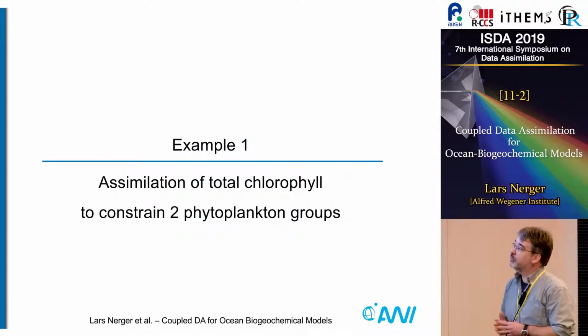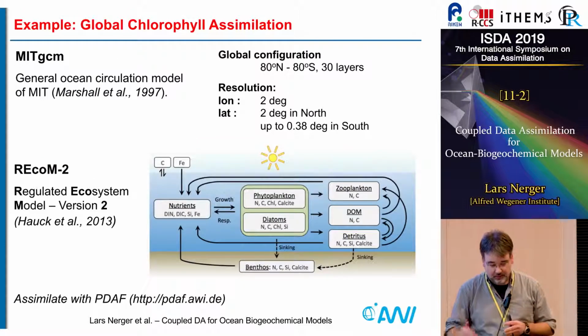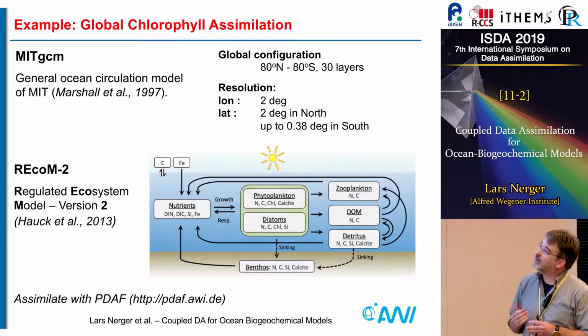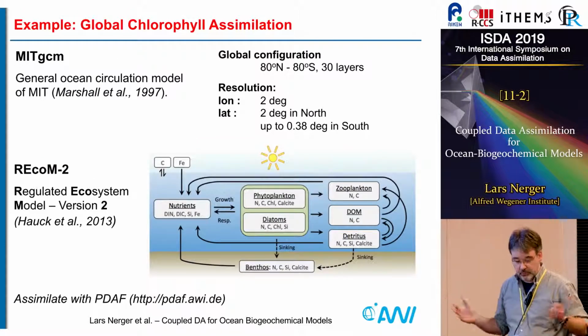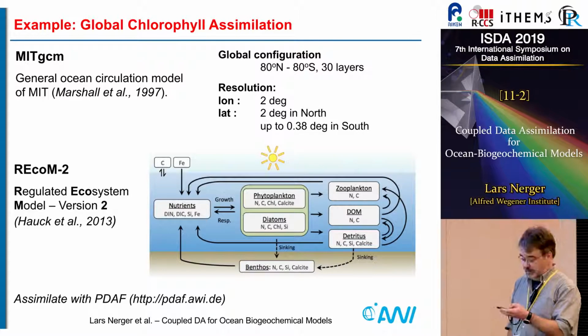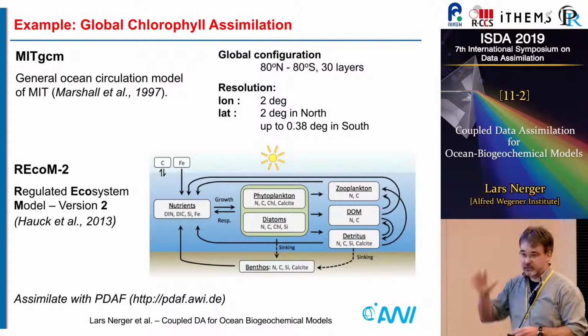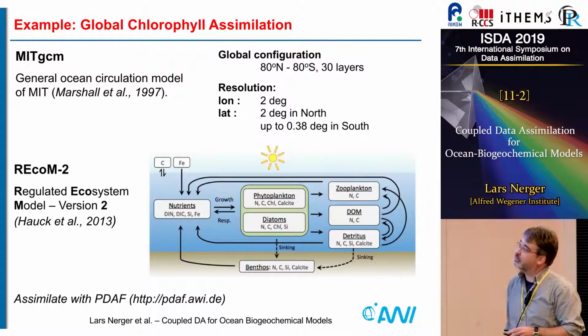What I want to show here is assimilation of total chlorophyll in a model with 2 phytoplankton groups. The coupled model is in this case the MITgcm circulation model for the physics. It's a global model, not particularly fine, so 2 degrees, but going up to 0.4 degrees in the Southern Ocean, so with a focus on Southern Ocean processes.